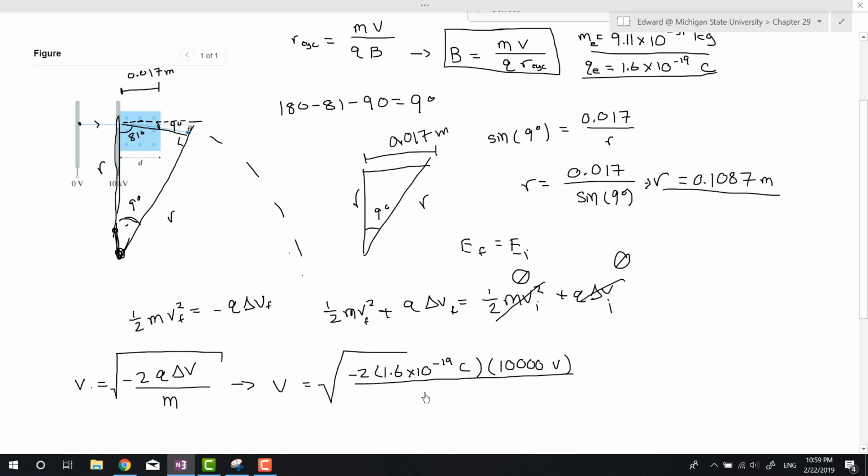So that is 9, I almost wrote 8, 9.11 times 10 to the negative 31 kilograms. So if you guys derive what volt is and then kilograms, you guys can figure it out. This will give you actually meters per second. So if I type this on the calculator, give me a second real quick.